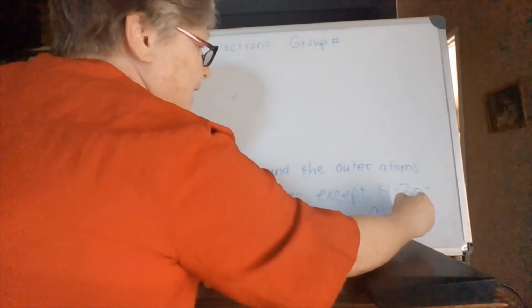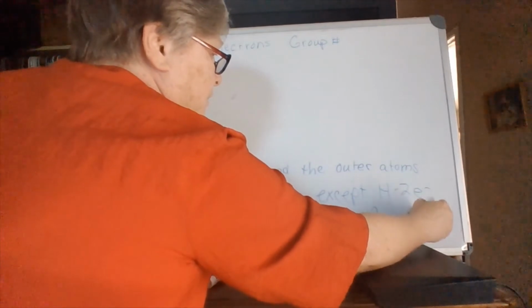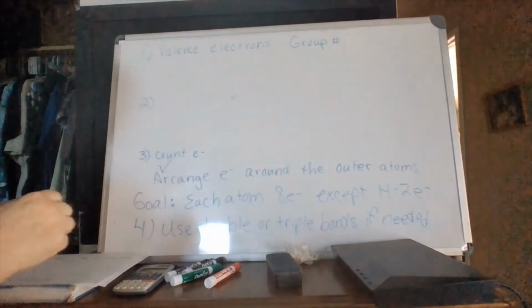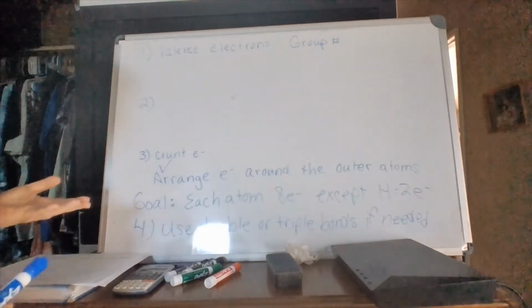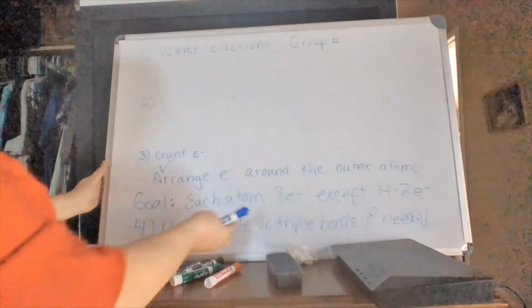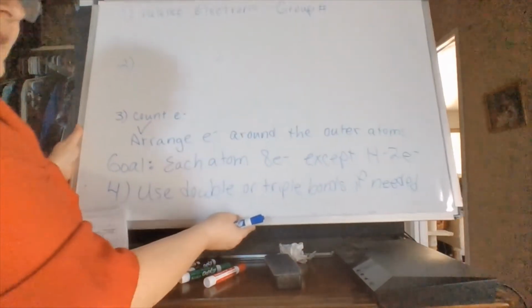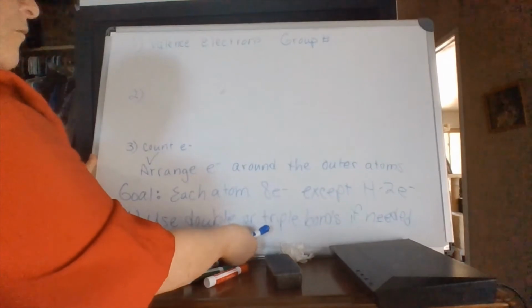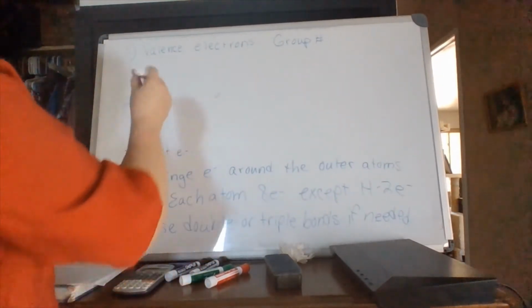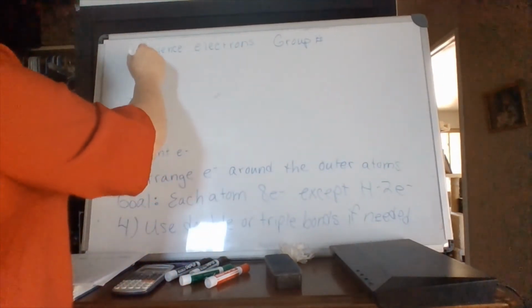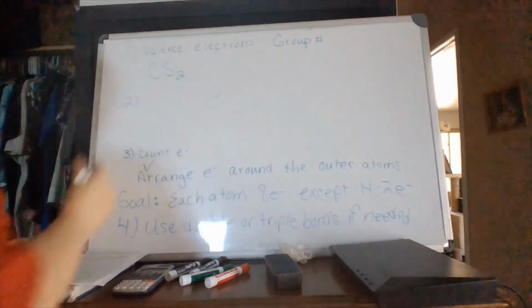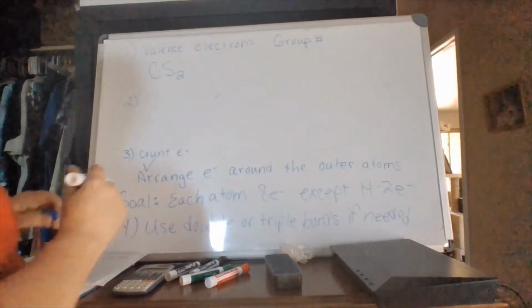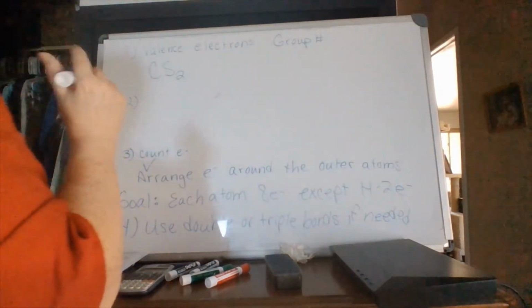And that's if you can't figure out how to get all atoms experiencing 8 electrons, then you may need to use a double or a triple bond if needed. I just wanted to raise that up for you for a minute. I want to do CS2 as the next Lewis structure, so I can show you how you'd use number 4 and number 3.